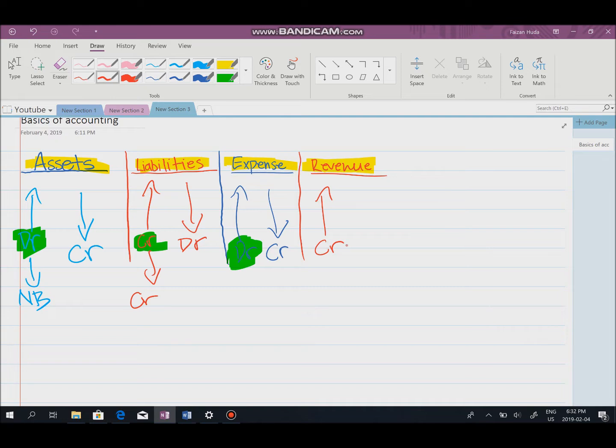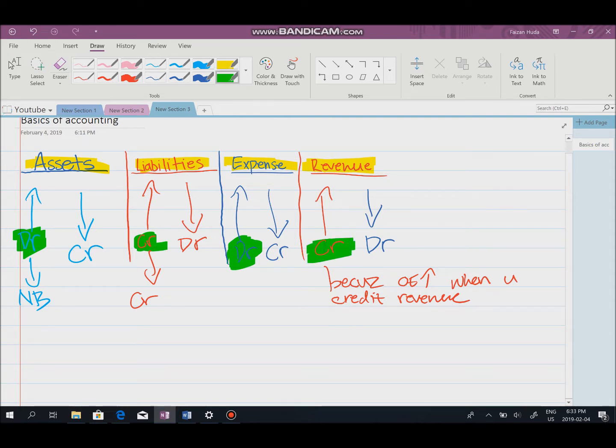So this is the reason we credit revenue, because owner's equity also increases when you credit revenue. And to decrease our revenue, you will simply debit revenue. And so therefore, revenue has a normal balance of a credit.